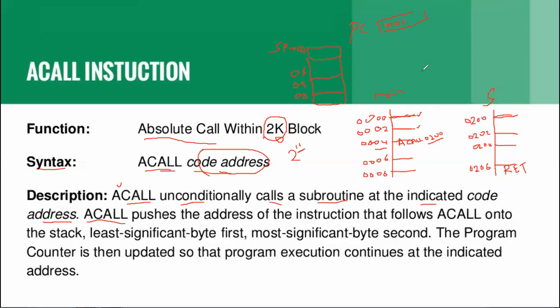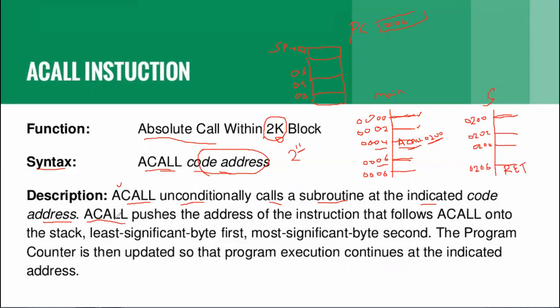Whenever ALU is executing this ACALL instruction, so what is the next address? 0006. This instruction has to be executed, correct? But what this instruction is doing, ACALL 0200. It means what?